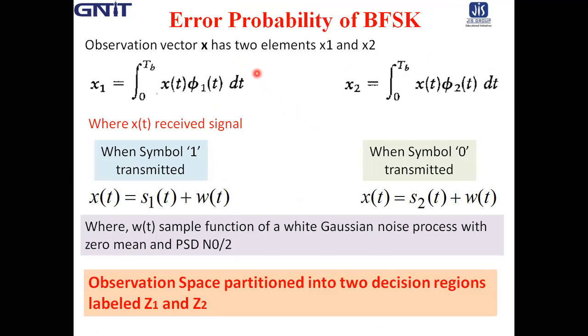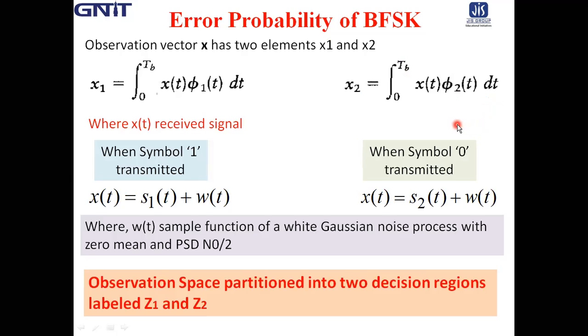The observation vector x has two elements, x_1 and x_2, defined as x_1 equal to integration of 0 to T_b x(t) phi_1(t) dt, and x_2 equal to integration of 0 to T_b x(t) phi_2(t) dt, where x(t) is the received signal, the form of which depends on which symbol was transmitted.